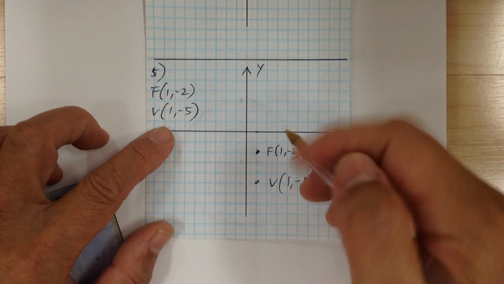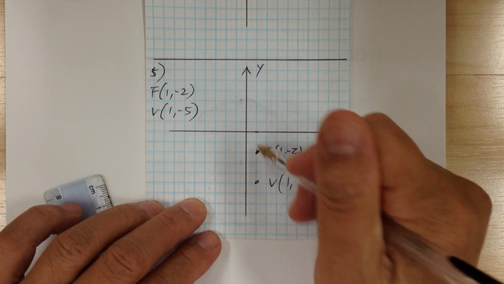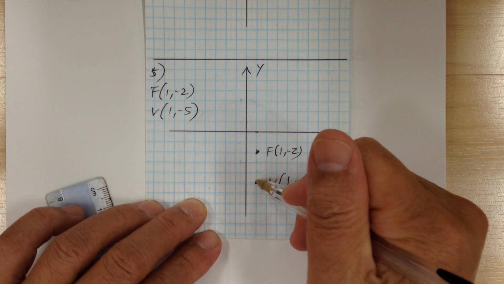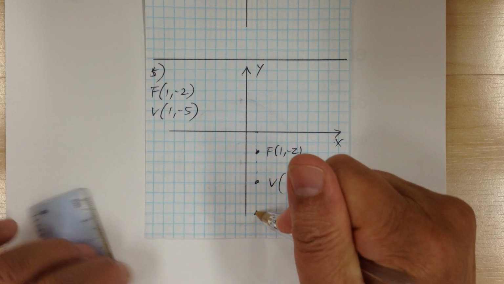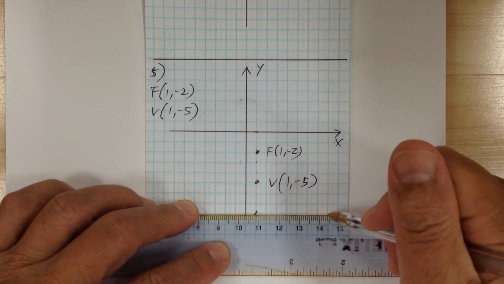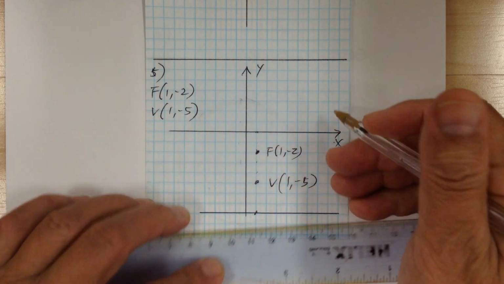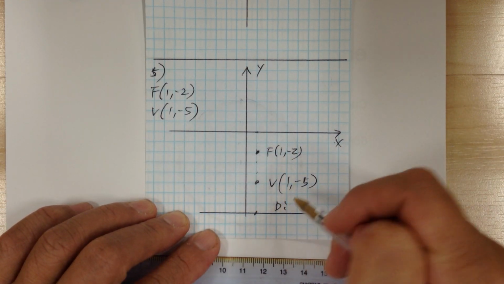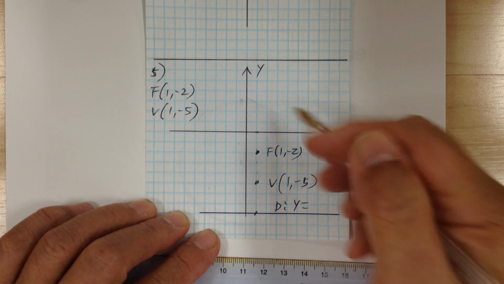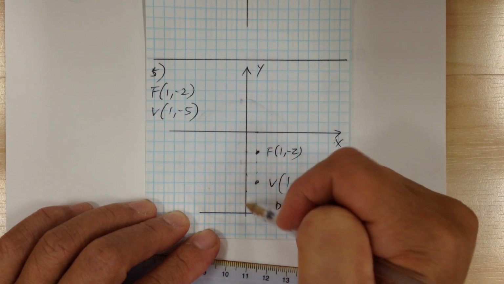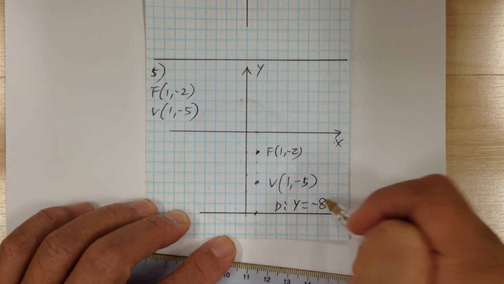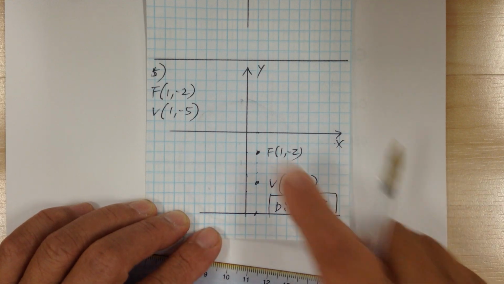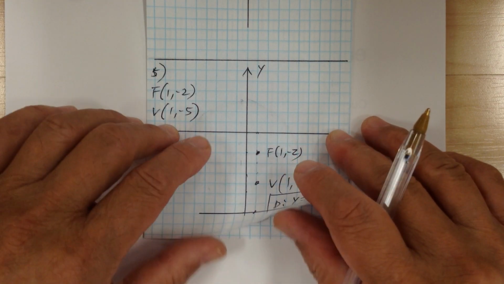The V is halfway between the directrix and the focus. There are 3, see 1, 2, 3, so you have to go down 3. So it's going to be right over here. So this would be the directrix, and this would be y equal to -8. Okay, and that's it. You can sketch it out and visualize, and it becomes very easy.